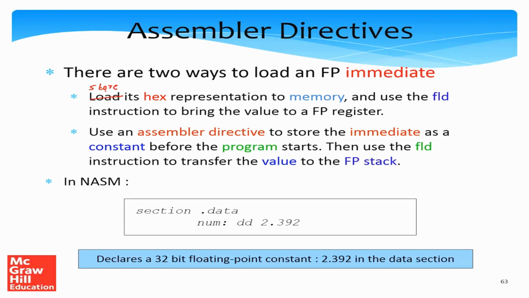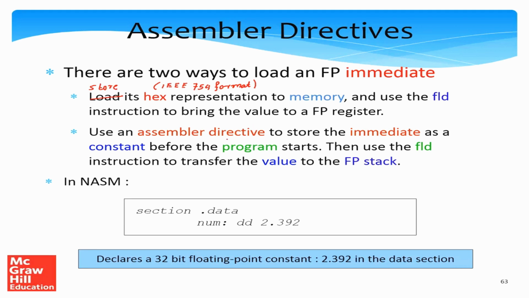So we can store its hex representation, the representation in the IEEE 754 format, to memory and use the FLD instruction to bring the value into a floating point register.